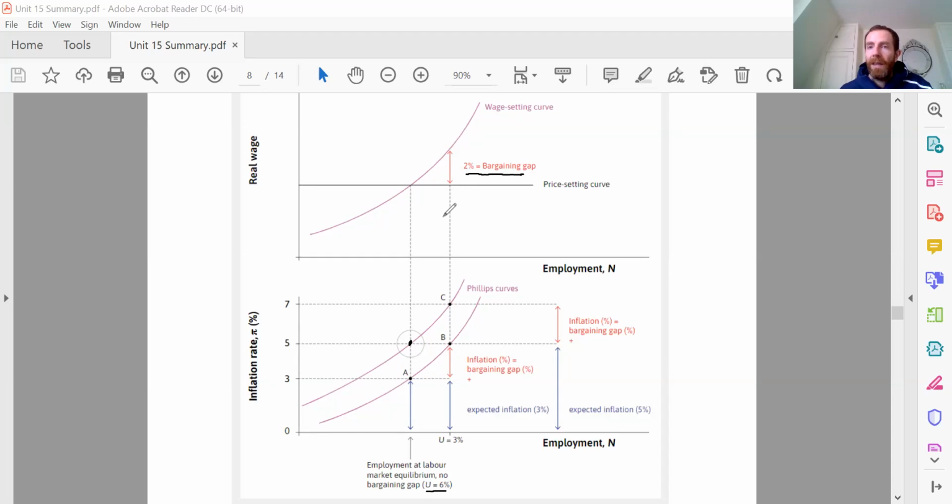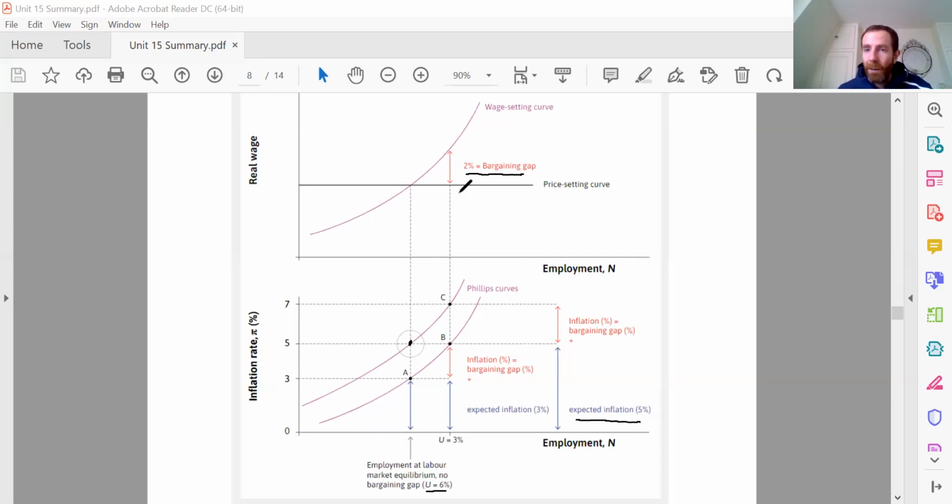So when we get to the next round of negotiations, what are the workers going to demand? What are the firms going to do? Well, now the expectations of inflation, that's what this over here is showing us, are now at 5%. If unemployment had been at 6%, workers would have expected prices to go up by 5%, and so would have demanded a nominal wage increase of 5%.